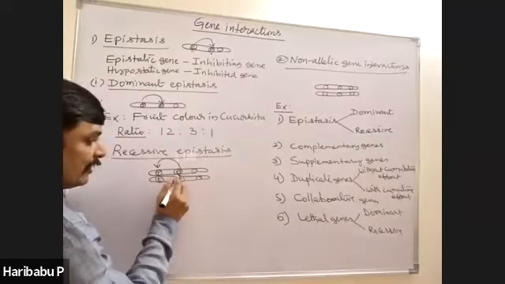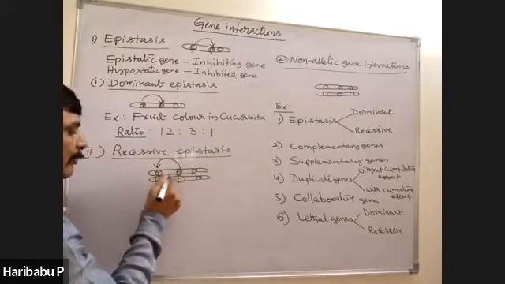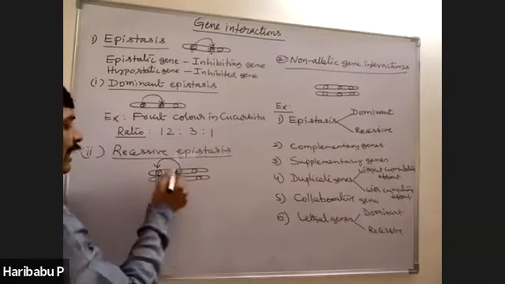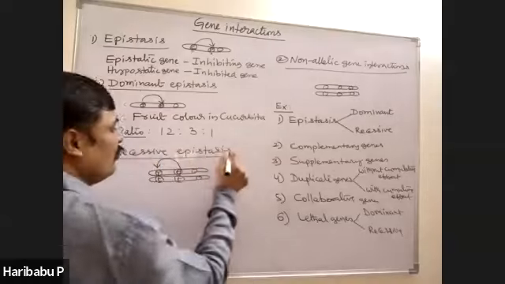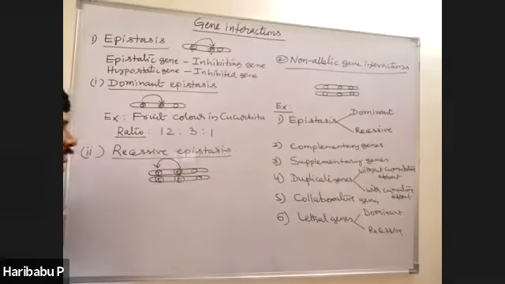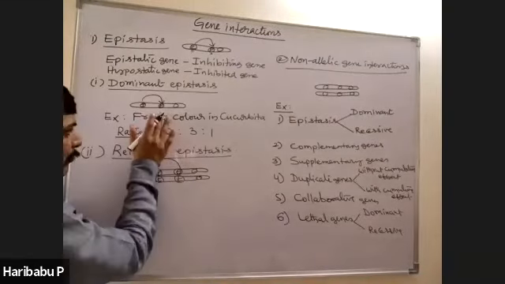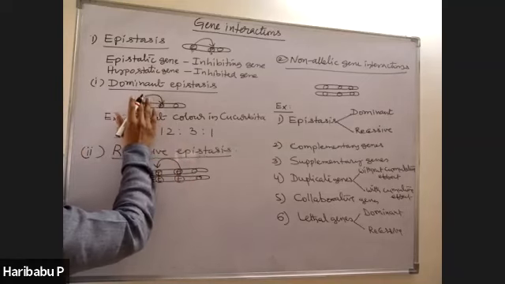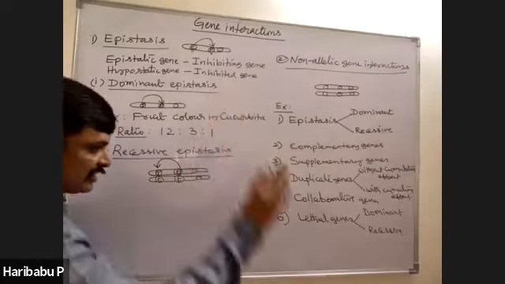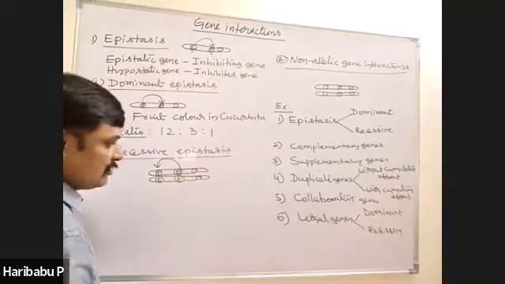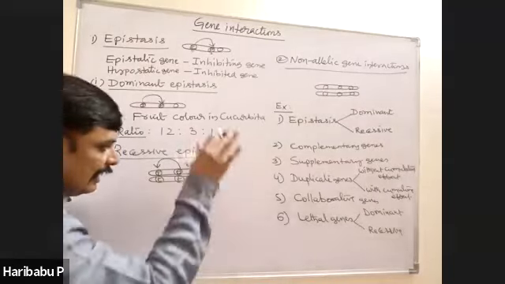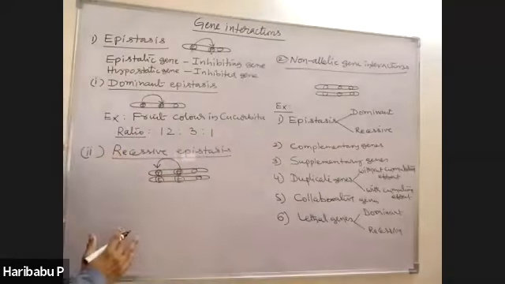Recessive gene inhibiting the dominant or recessive genes at the other locus is called recessive epistasis. So completely different. Here a dominant allele suppresses the expression of another gene at another locus. Here recessive alleles suppress the expression of dominant alleles.